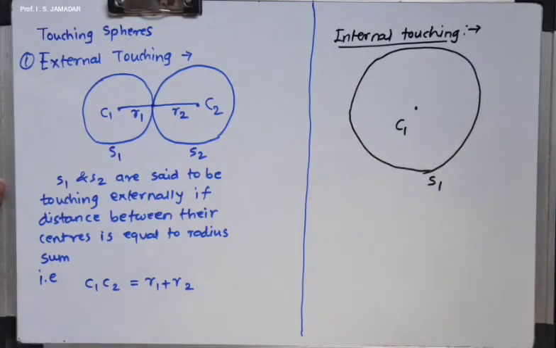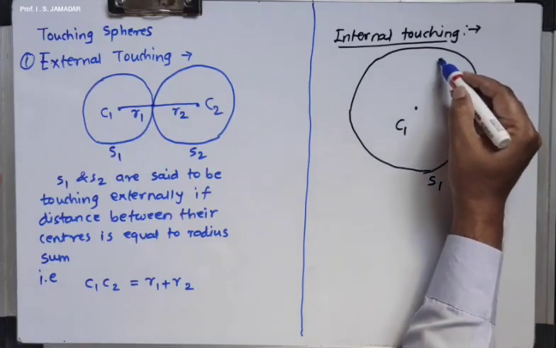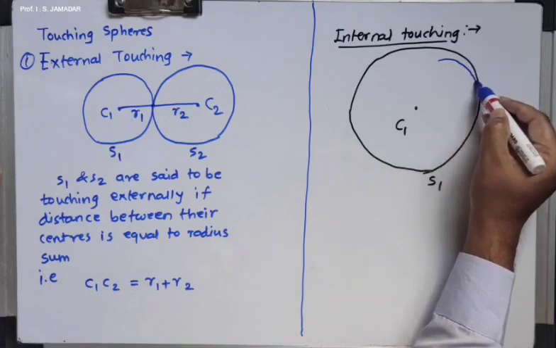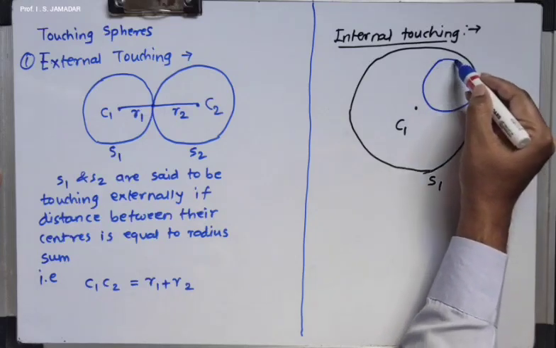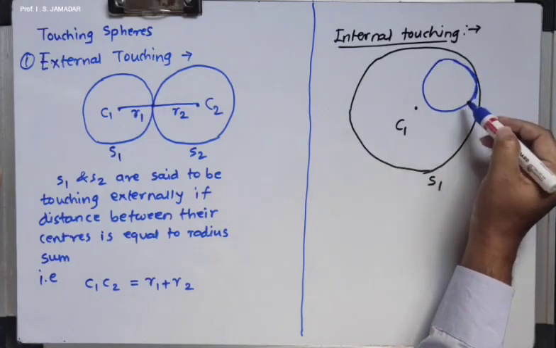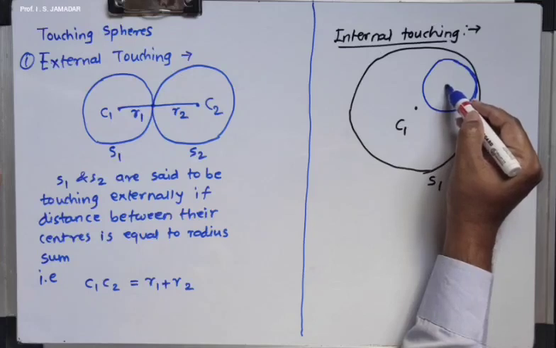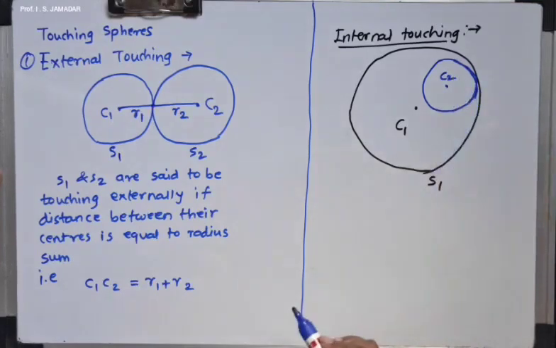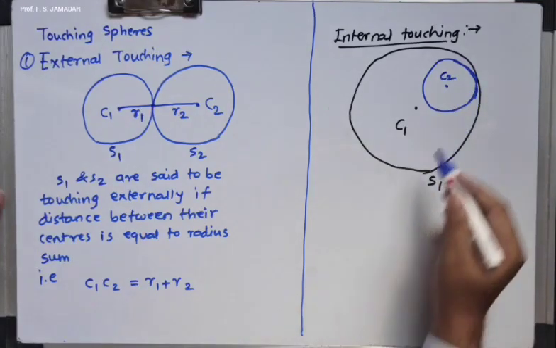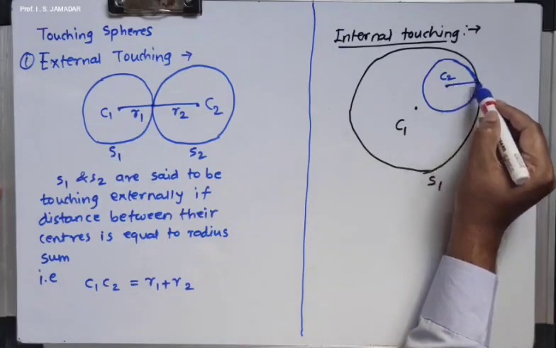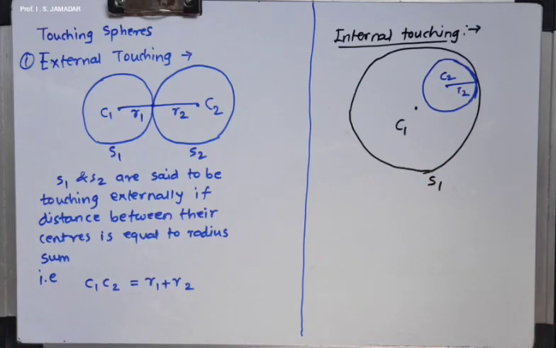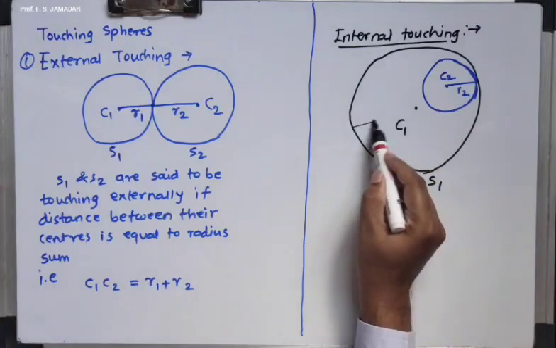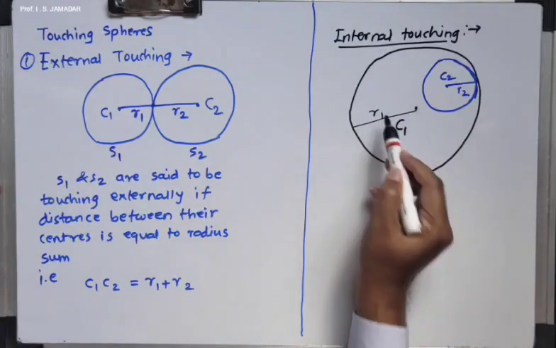And one more sphere we have, suppose that sphere is this, and the center of this sphere is C2. The radius of this second sphere is R2 and the radius of the first sphere is R1.